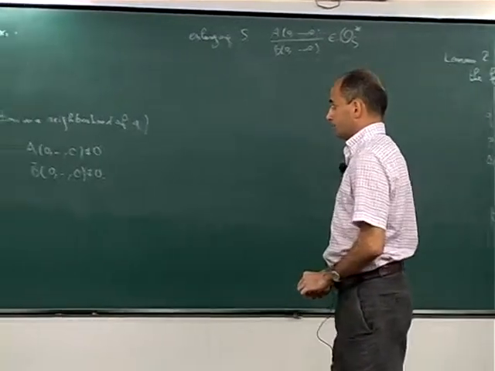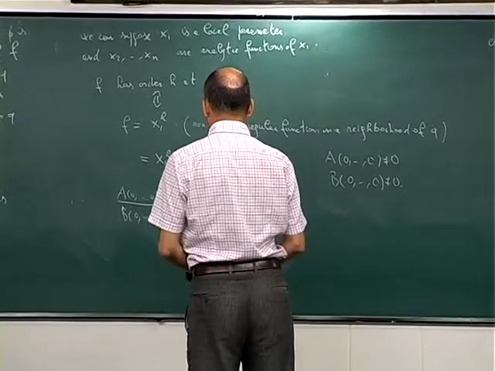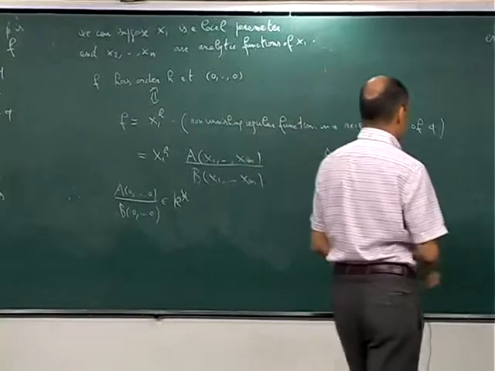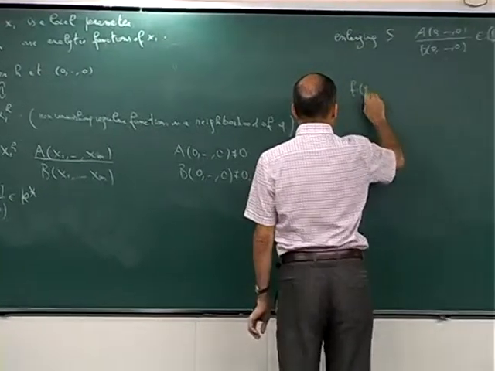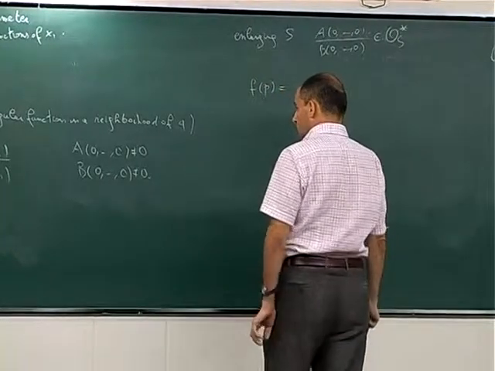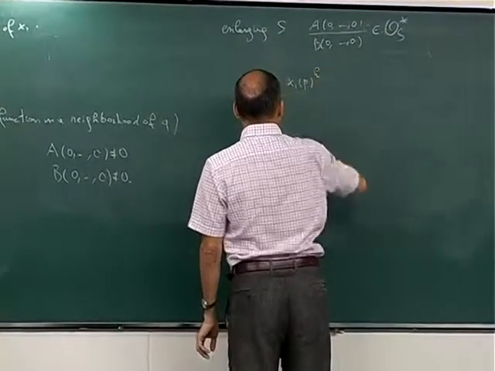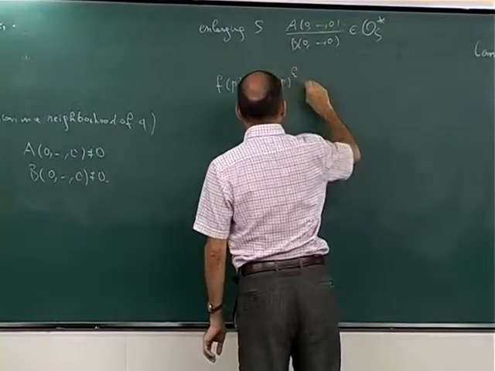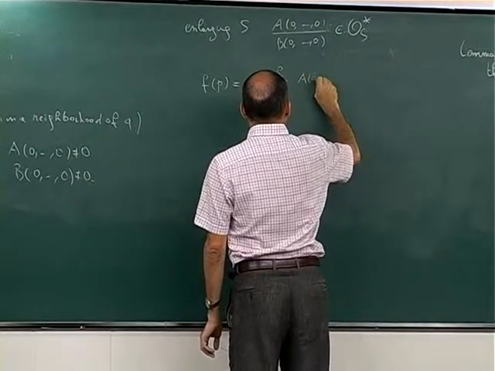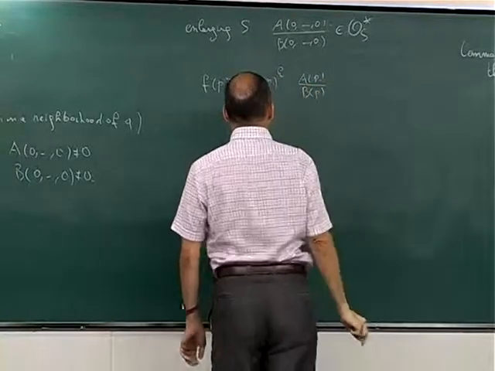So now if I calculate nu of f of P, this is equal to h times nu of x1 of P, plus nu of a over b.